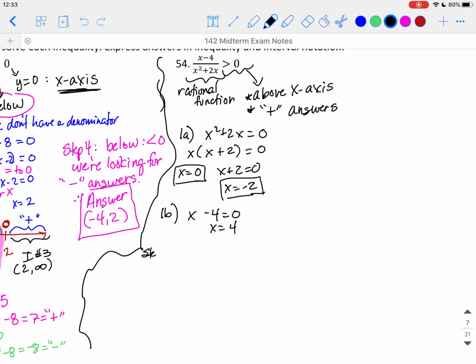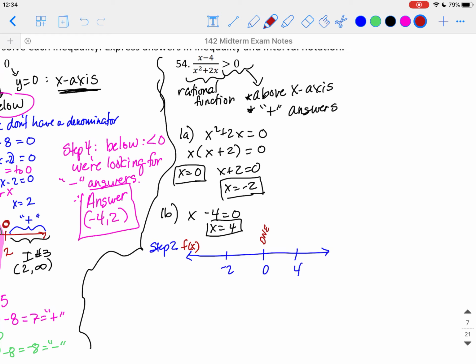So in step 2, we're going to do the number line. And we got to put these in order. I apologize, there should be a 4. And they don't have to be to scale. So just negative 2, 0, and 4. And so what we know so far is that the function f of x at 0 does not exist.